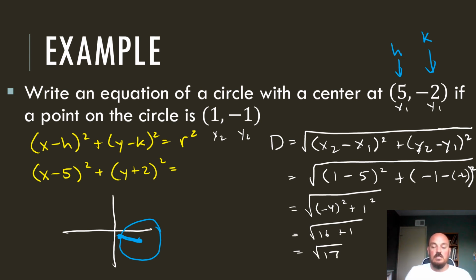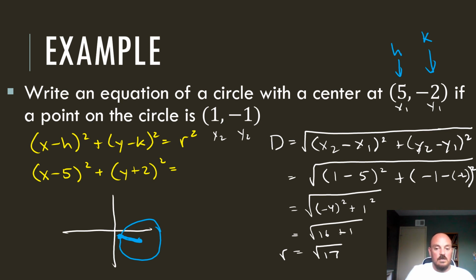So I'm just doing the distance formula, and again, this is not a question that's new from today, this is something we did earlier in the year. The distance between the center of the circle, 5, negative 2, and the point on the circle, 1, negative 1, is the square root of 17. Now remember, when you find the distance, you're actually finding the radius. To finish the question, what I want is r squared.